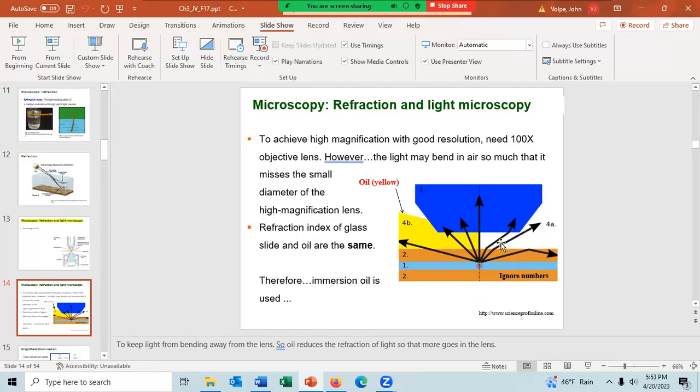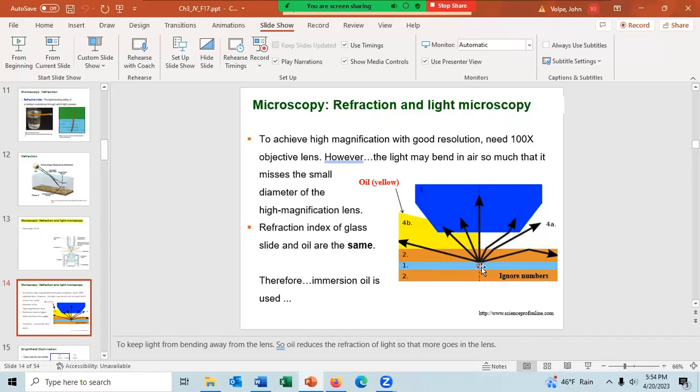That one is refracted, but it is not refracted enough. The objective lens still catches it. And then there's some rays which will not be refracted, and that will be obviously captured by the objective lens. So here's our specimen, by the way, and that's glass right here, at least the blue.